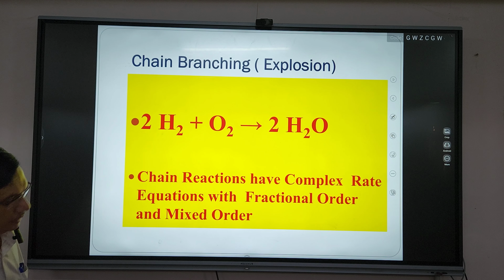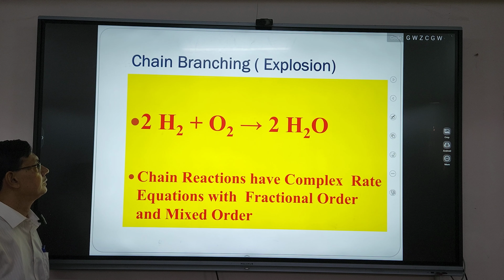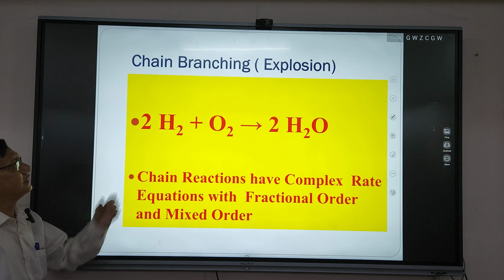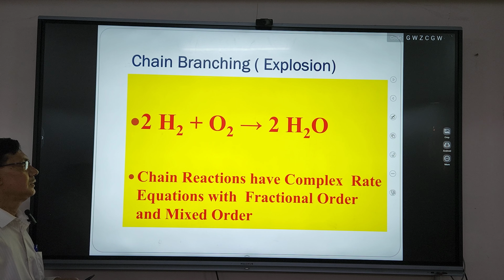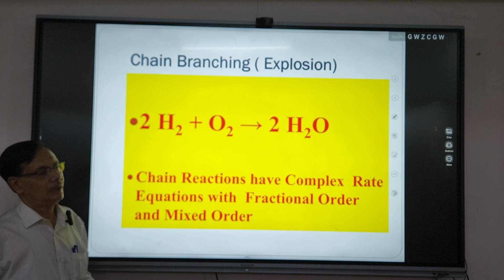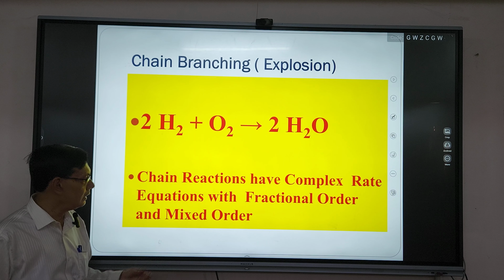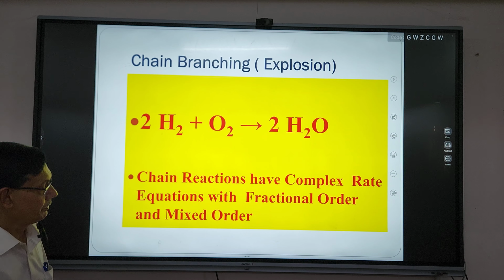Now, as I told you, one of the most important examples of the explosive type of chain reaction is the branch chain reaction, which is non-stationary, because it is very difficult to control such types of chain reactions. And most chain reactions have very complex rate equations, with fractional order and mixed order type reactions.